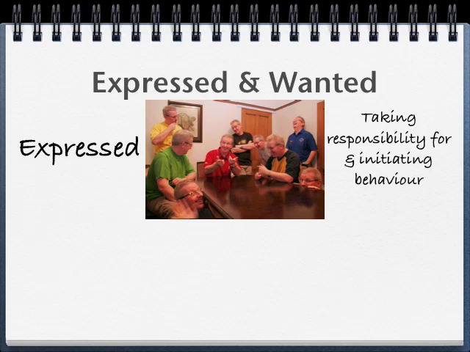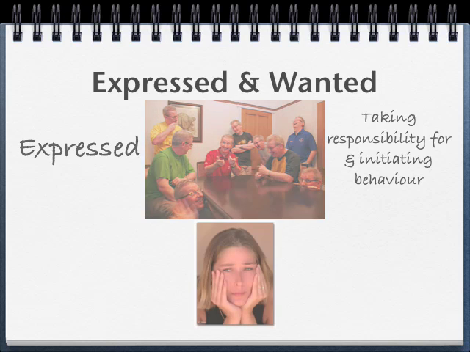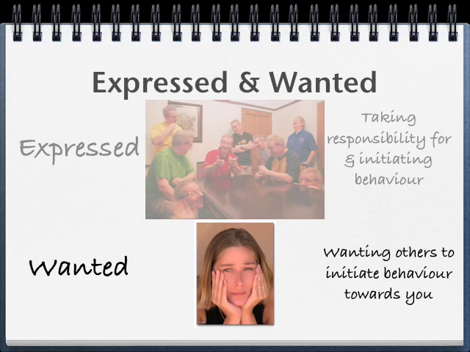So the expressed side is really about putting that out towards other people. The wanted side is about wanting others to put it towards you. It's almost like who reaches their hand out first. Is it you, or do you want others to first?